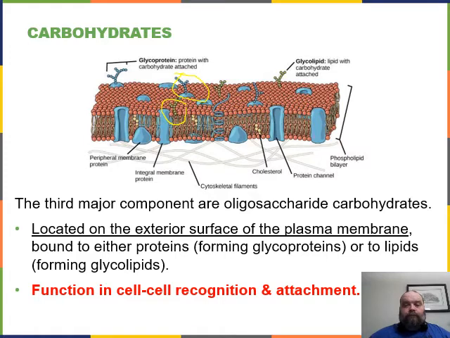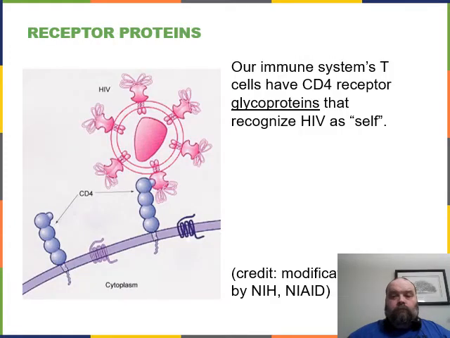Now, take a look at this. This is a little bit of immunology for you. The glycolipids, the glycoproteins, they act as receptors. They act as antenna. Here you see a glycoprotein known as CD4.